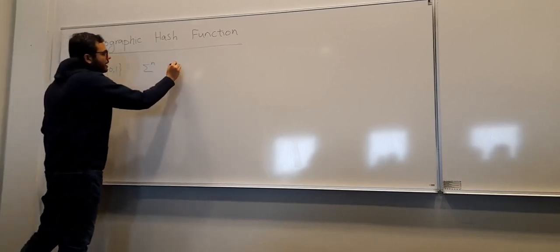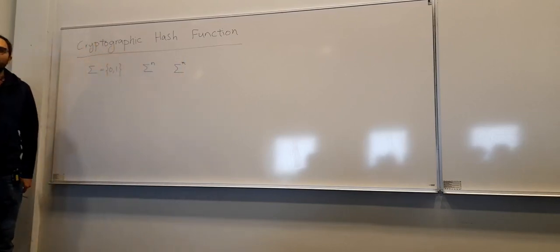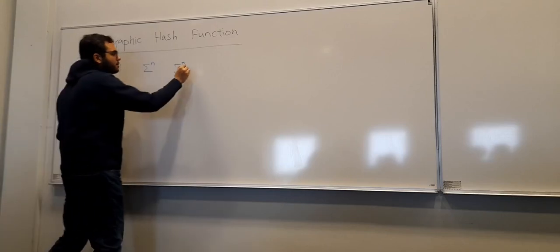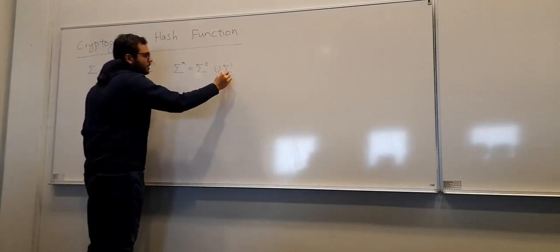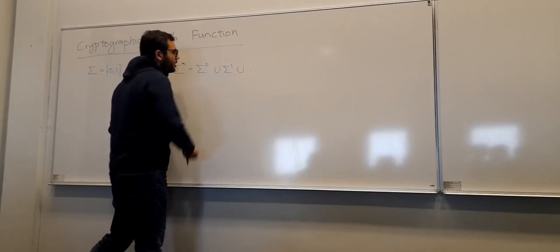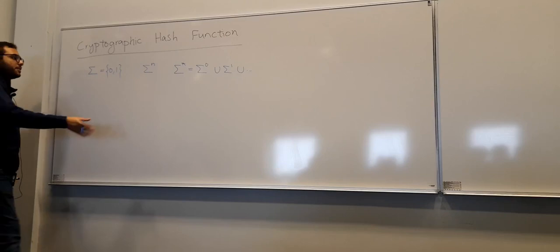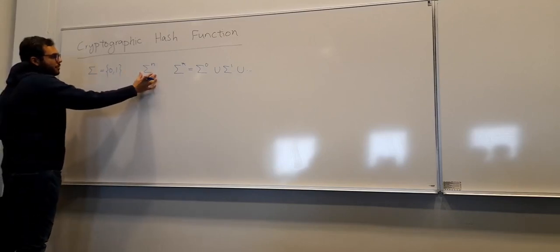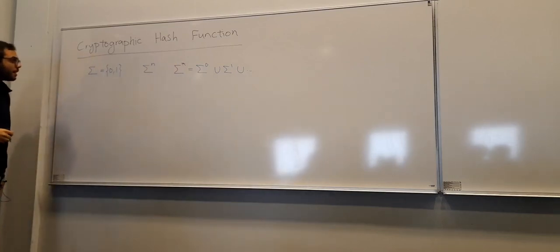And then I use sigma star to show the set of all finite words. So sigma star is basically sigma 0 union sigma 1, and so on, forever. Okay? So very simple. This is the set of words with n characters. This is the set of all finite words.